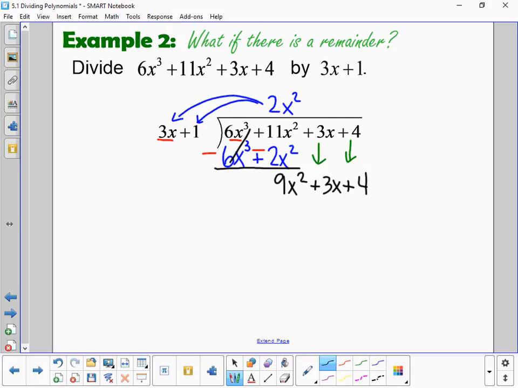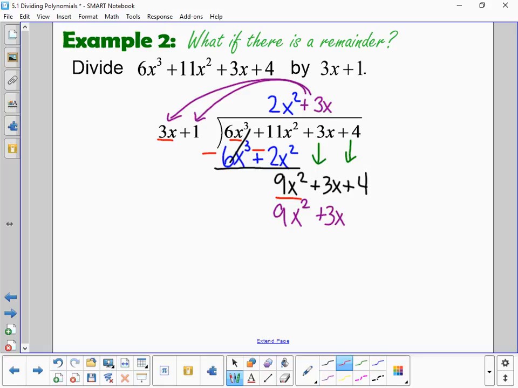What can I multiply that 3x by in order to get, this time, I'm looking for a 9x squared. Well, if I want to multiply 3x by something and get a 9x squared, I need to have a 3 coefficient and I need to have an x to get the x squared. So if I multiply that 3x by both parts, I get 9x squared plus 3x.